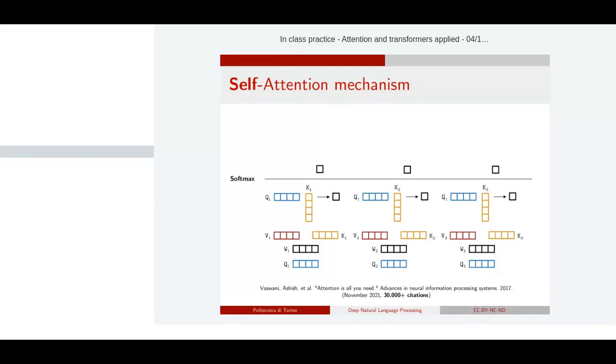Okay, so the step after the computation of those scores is to apply a simple softmax operation, such that after the dot product, these values become probabilities. So each becomes a number between 0 and 1, and they all sum up to 1. They sum up to 1 because we want to know how probable it is that I should pay attention to the same word or another word while computing the vector representation for a given word.